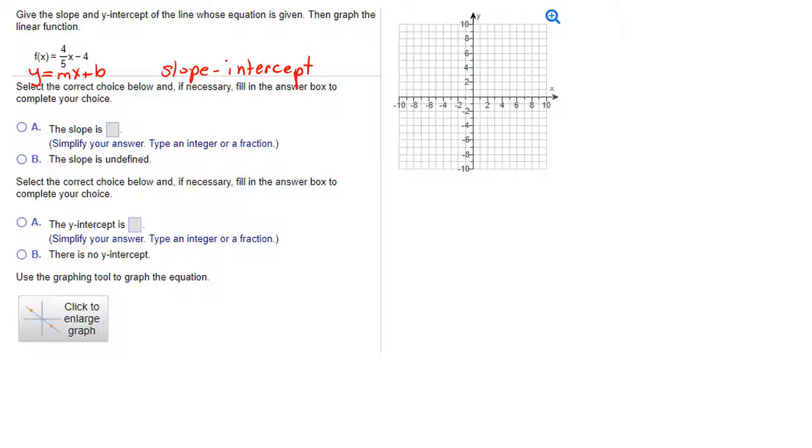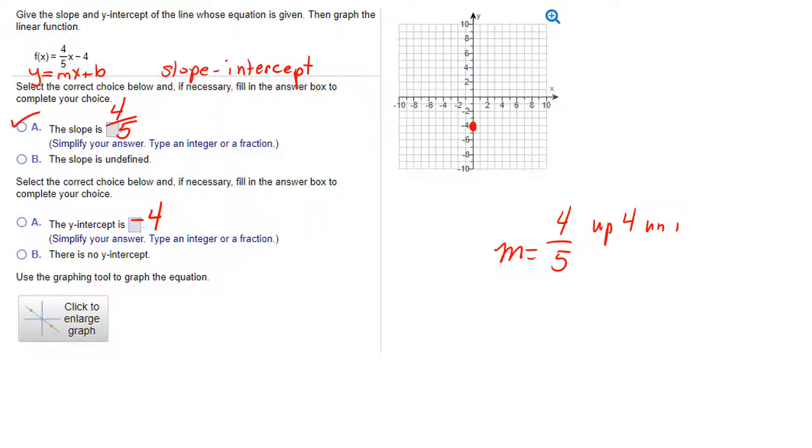I would say that the slope, which is the coefficient of x, is 4/5. The y-intercept, which is the constant number behind the x, is -4. When I go to graph this, I will plot the point on -4, and then since my slope is 4/5, and we know that stands for rise over run, the top number tells me to go up 4 units.